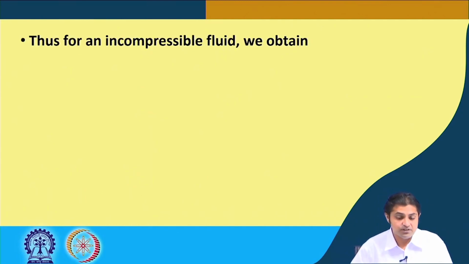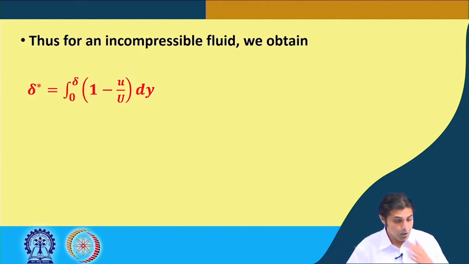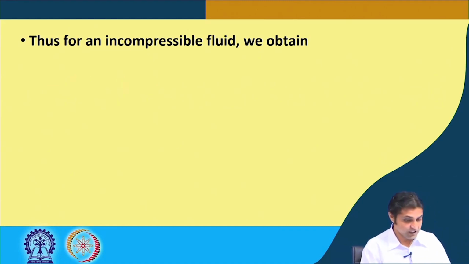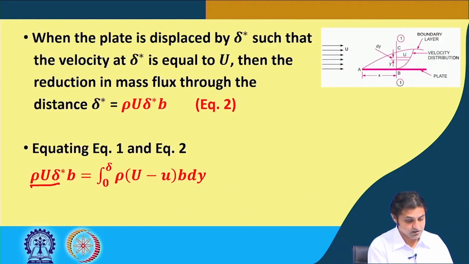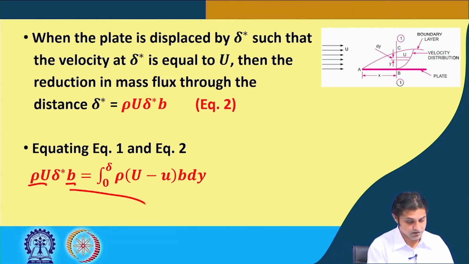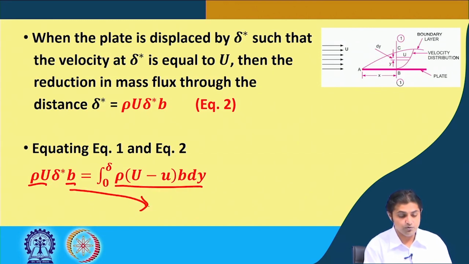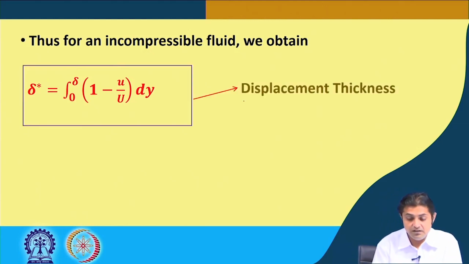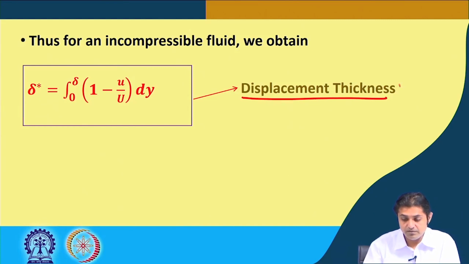Thus, for an incompressible fluid we obtain delta dash is equal to, what we do is we take rho u and b down here as the denominator, and we simply write delta dash is equal to integral 0 to delta (1 minus small u by capital U) dy, and this is the equation for the displacement thickness.